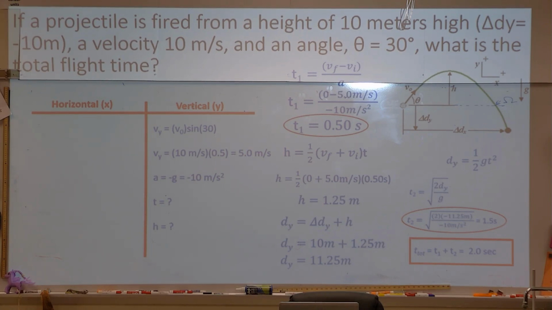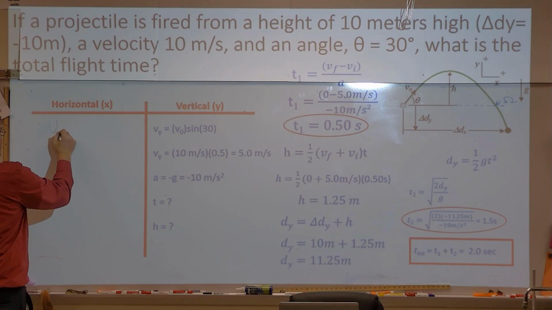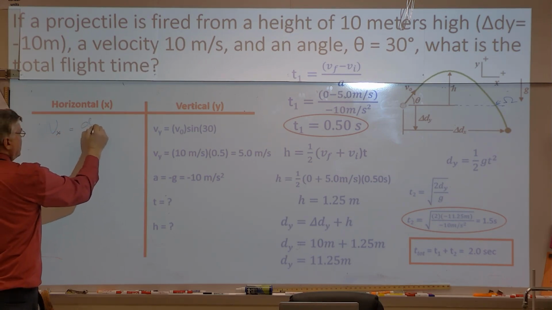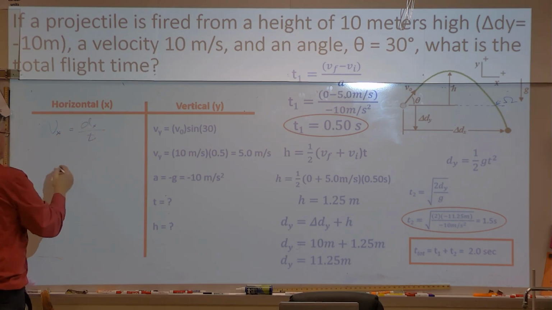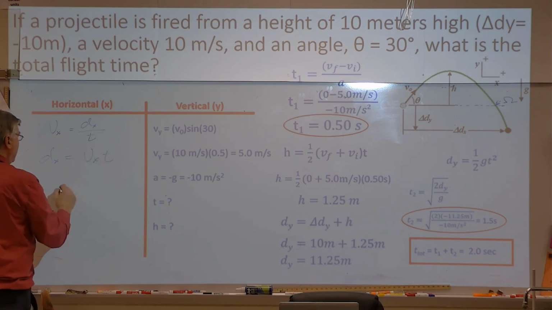Could I calculate how far away it hits? Well, sure, that would be really easy. If I look at that original equation, velocity in the x direction is equal to distance in the x direction over time. Rearrange it and say dx is equal to vx times t.